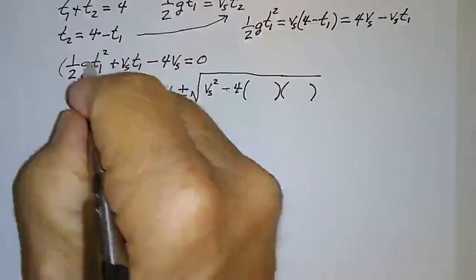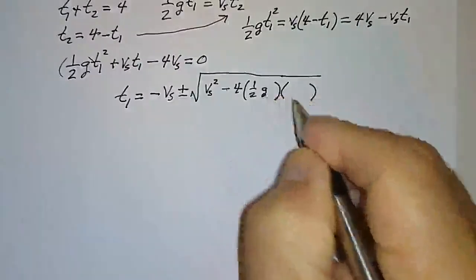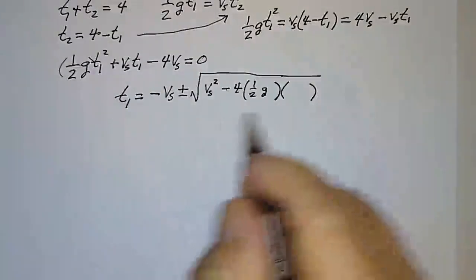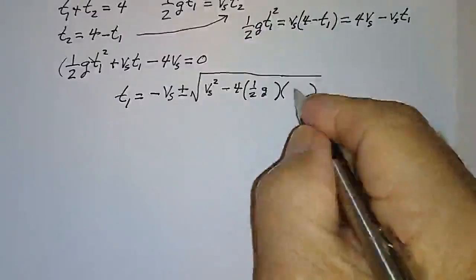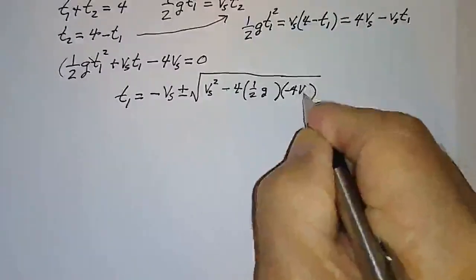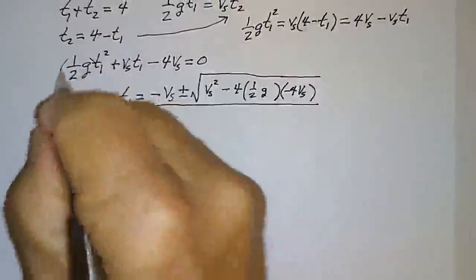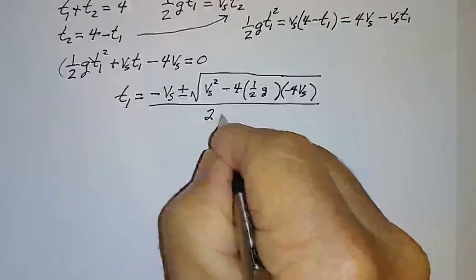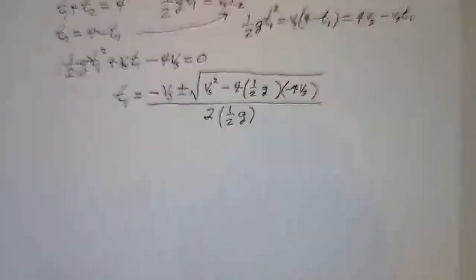A is equal to 1/2 g, so I'll put that in there, 1/2 g. And c is equal to minus 4 Vs, so I'll put that in there, minus 4 times Vs, and all of this is over 2a, which is 2 times 1/2 g.